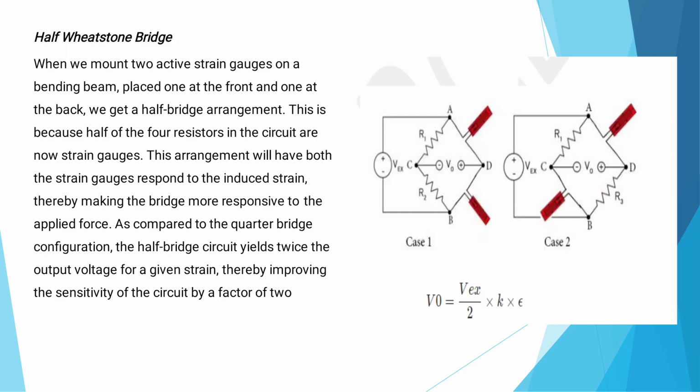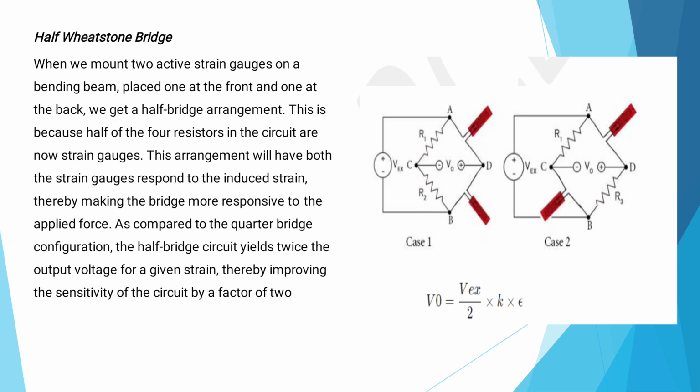In the half Wheatstone bridge configuration, we mount two active strain gauges onto a bending beam, typically placing one on the front face and one on the back face. Because exactly half of our four bridge resistors are now active sensing elements, this circuit is called a half bridge.